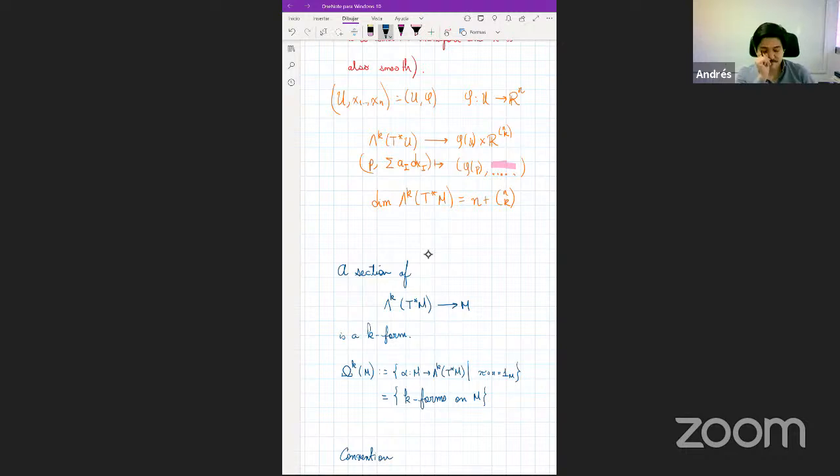So this is the standard notation for differential K-forms. Sometimes we also say a differential form of degree K. That's also used.